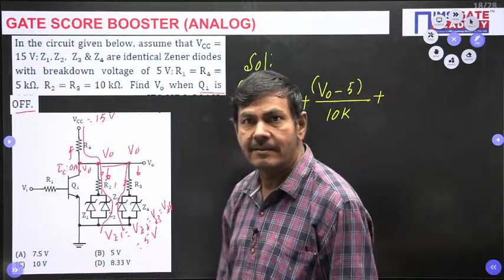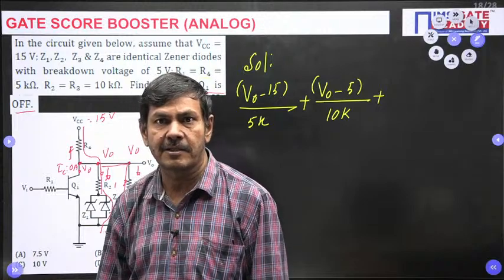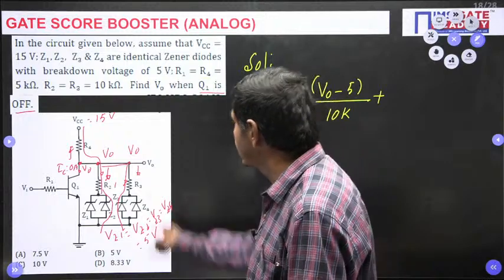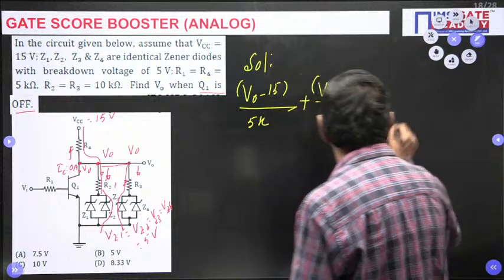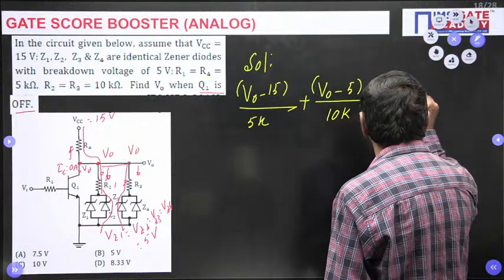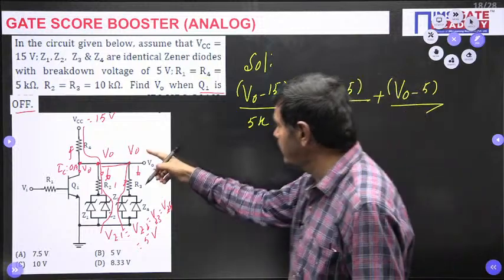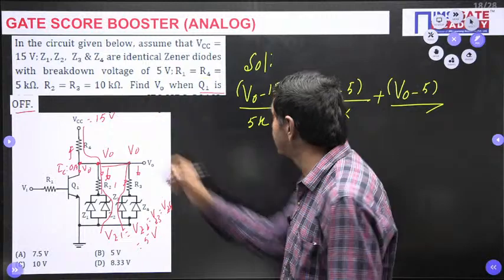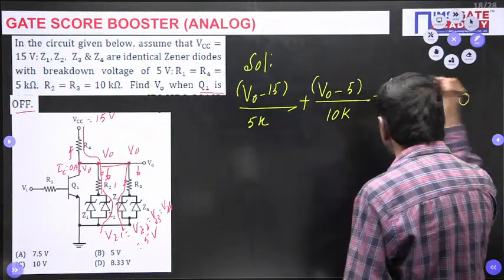Which side? Yes, exactly correct, Akant Sharma, option C is correct. The next one is this current will flow: (V0 minus 5) divided by R3. R3 is 10K, and that equals 0.